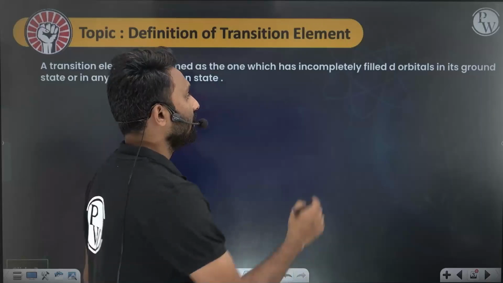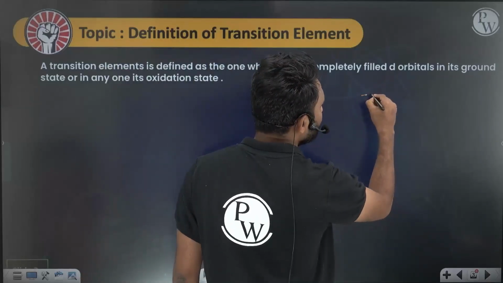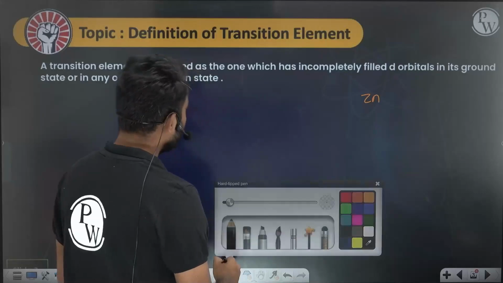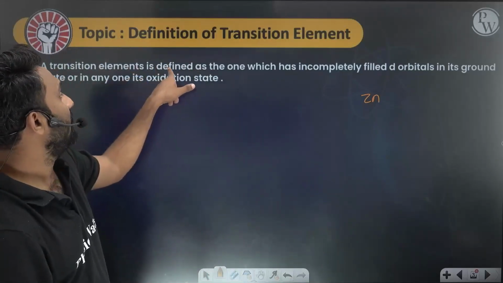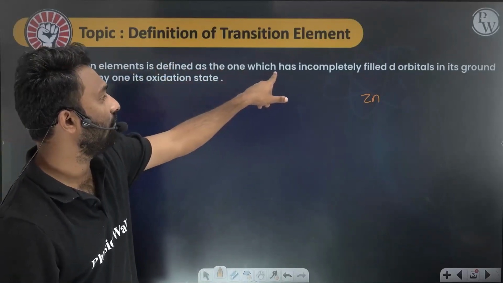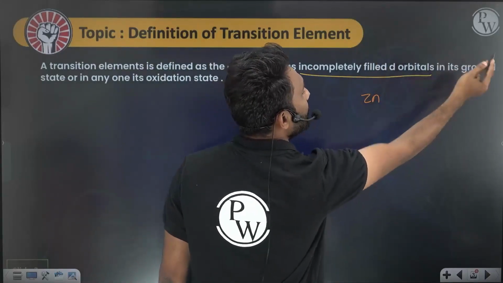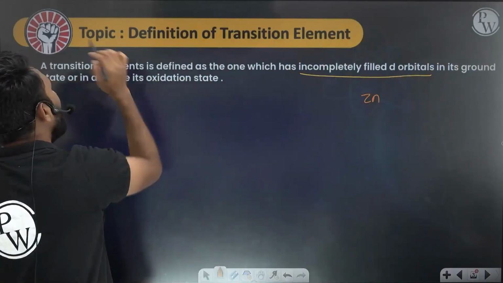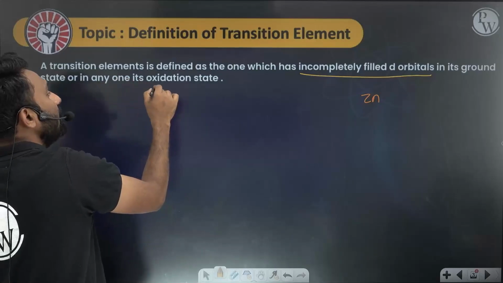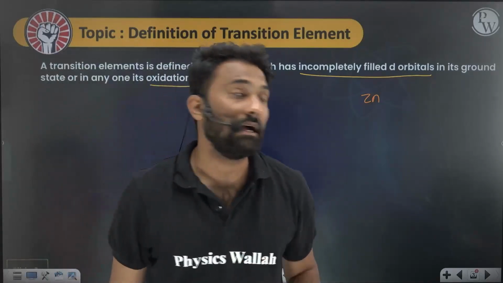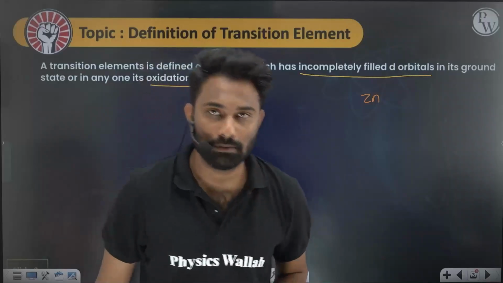Because a transition element is defined as one which has incompletely filled d orbitals in its ground state or in any of its oxidation states.